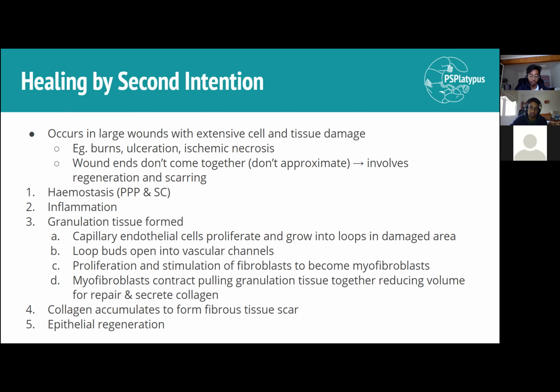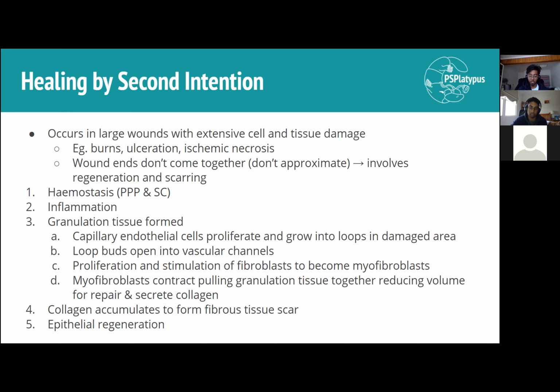So the steps, right? Hemostasis, inflammation, and we have a new structure called granulation tissue. So what this is, we have endothelial cells, so that's cells of the blood vessels, proliferating and growing into loops in the damaged area. So this is essentially exposed capillary beds on the surface of the damaged area.